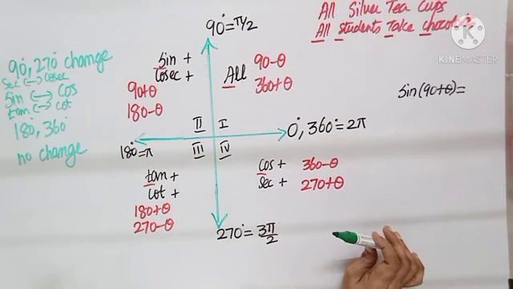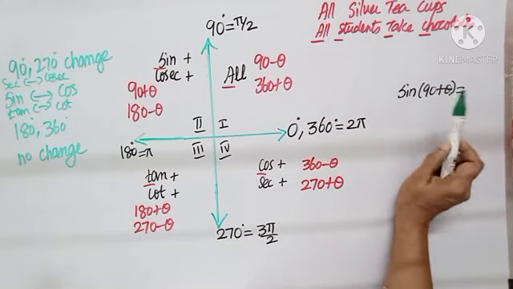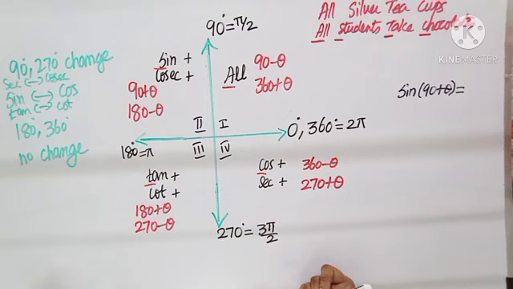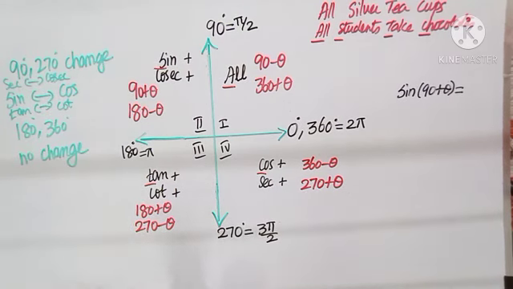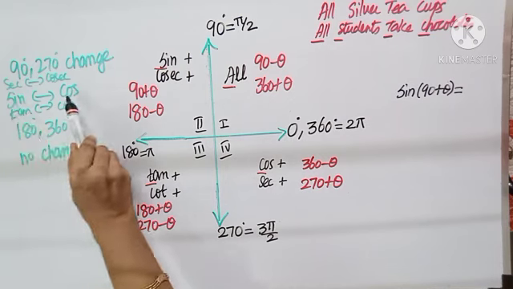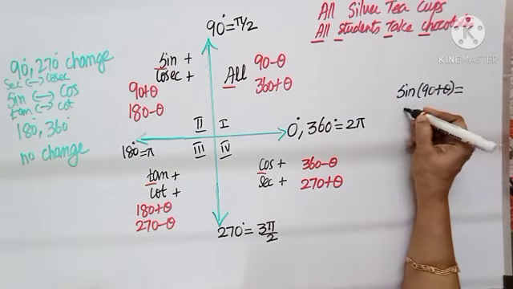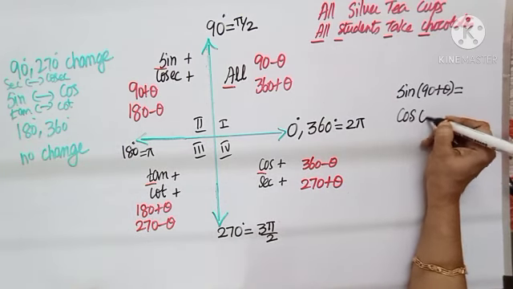So remember, look at this problem. This is an example. Sine 90 minus theta. What is my answer? I refer to the clue here. 90 comes, change. Change what? Sine will become cos. So sine will become cos theta.